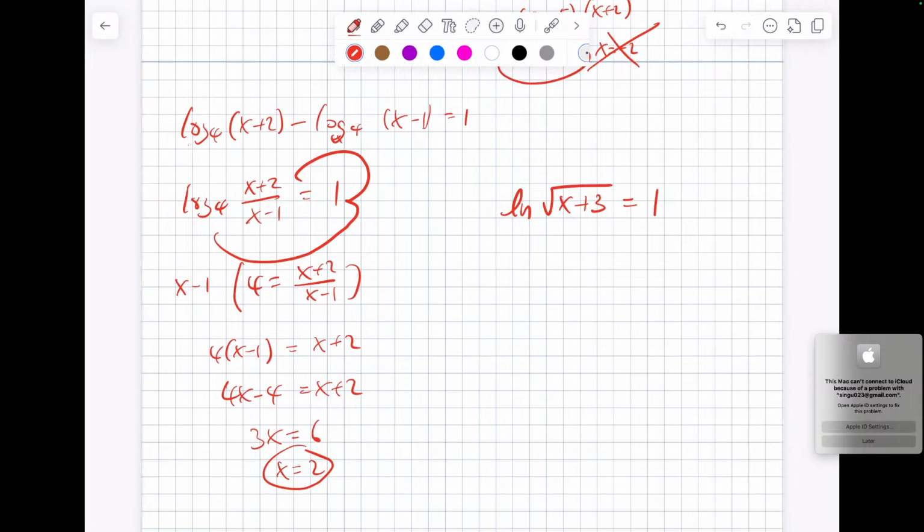Okay, remember a radical is not good to be there, so we can do this.